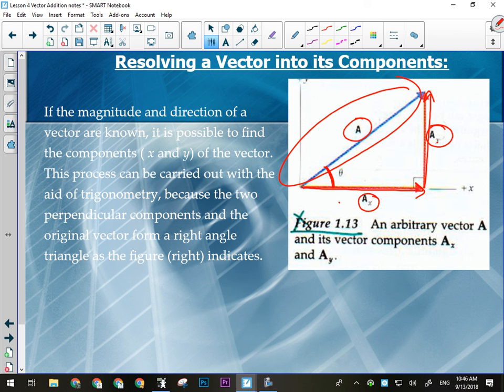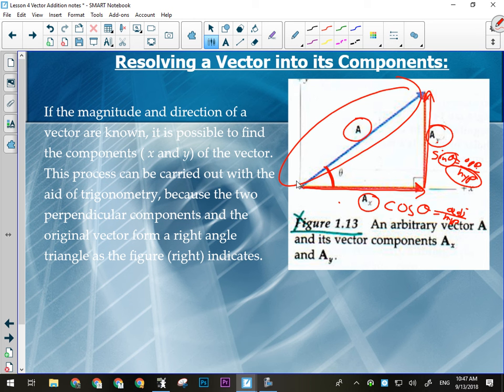So AX, is it adjacent or opposite to this angle here? It's adjacent. So to solve for this, I'm going to use the cos of theta equals adjacent over hypotenuse. And for this one, it's opposite that angle, so I would use the sine of theta equals opposite over hypotenuse. Obviously we would know what theta is, we would know what the hypotenuse is, and we would manipulate to solve for the opposite side or the adjacent side.